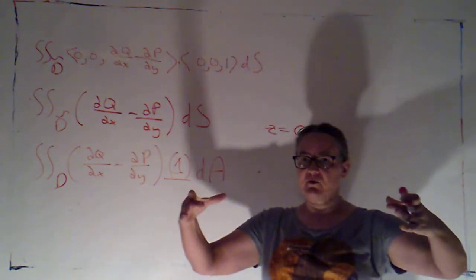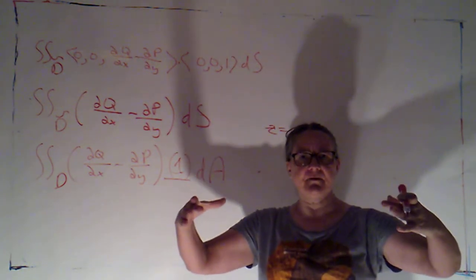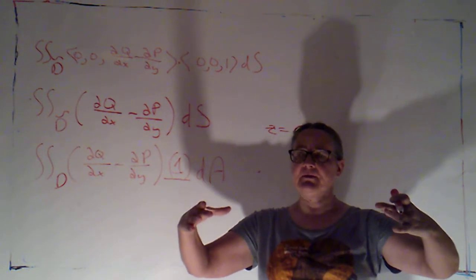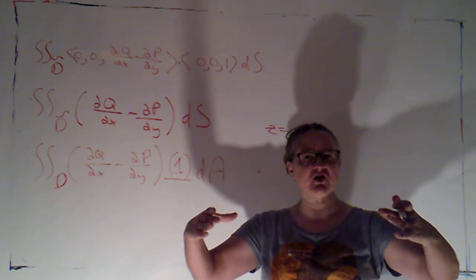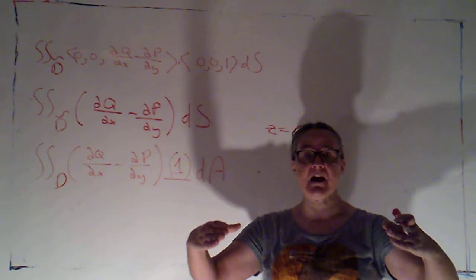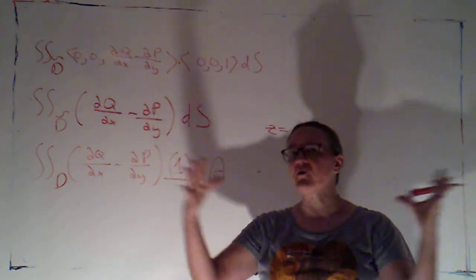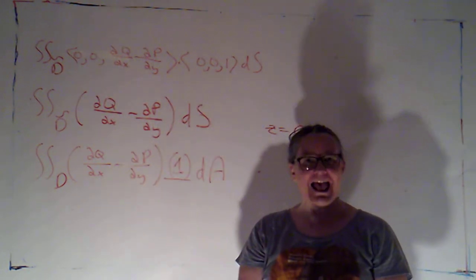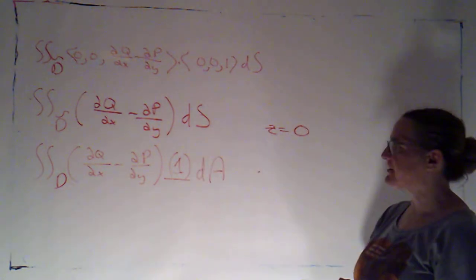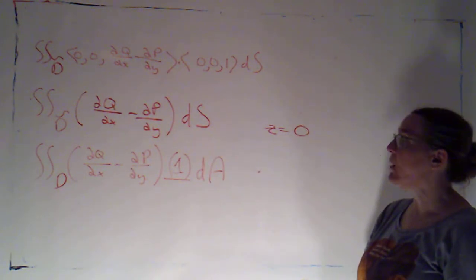Because if I've got this region sitting on the xy plane, and I project it onto the xy plane, I get essentially that same region, just viewed now as a region in 2-space. I have not stretched or shrunk the area at all. So the scaling factor will just be 1.